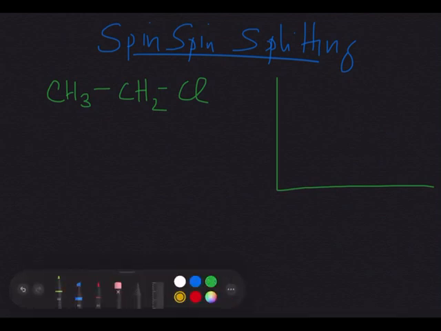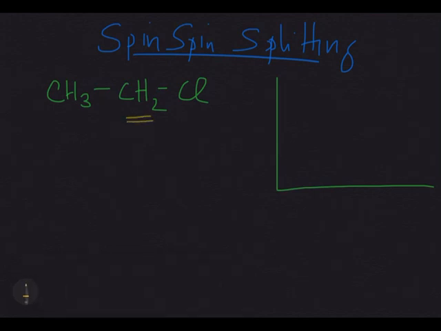first of all, we get the peak for the maximum de-shielded proton. Here, because of the presence of the chlorine atom, the CH2 proton is maximum de-shielded and gives a peak at a lower magnetic field. Therefore, this is the peak for the CH2 proton.